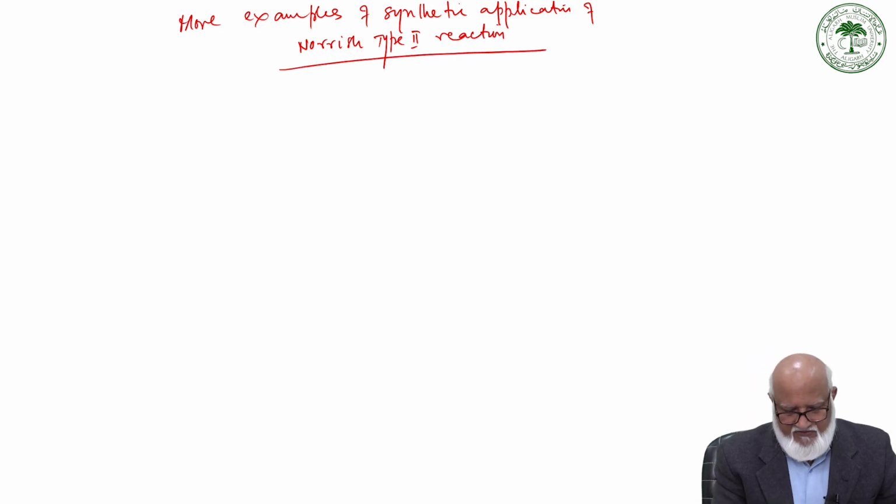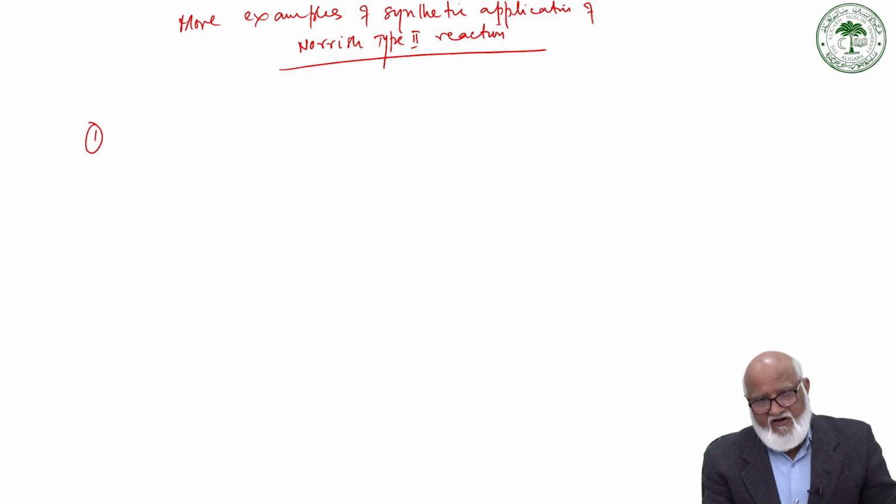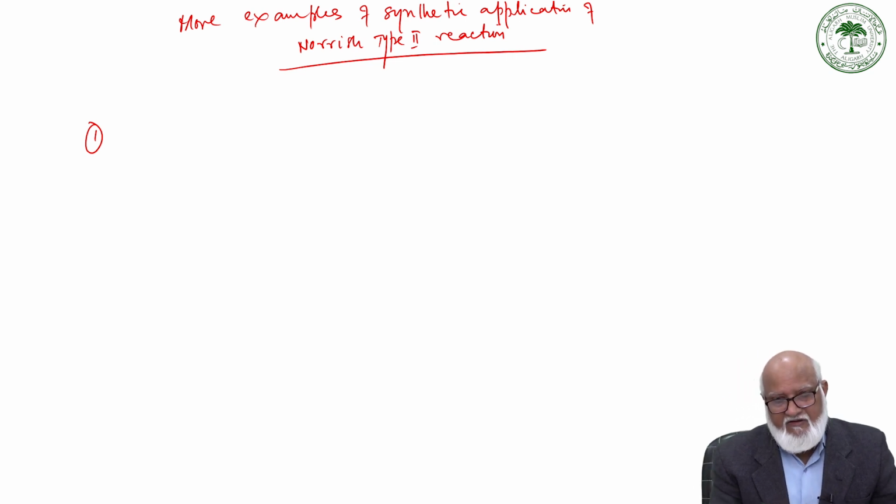In this one, we have to just select the proper starting material where the carbonyl is set for gamma hydrogen abstraction by the excited carbonyl. So this is a steroidal system.